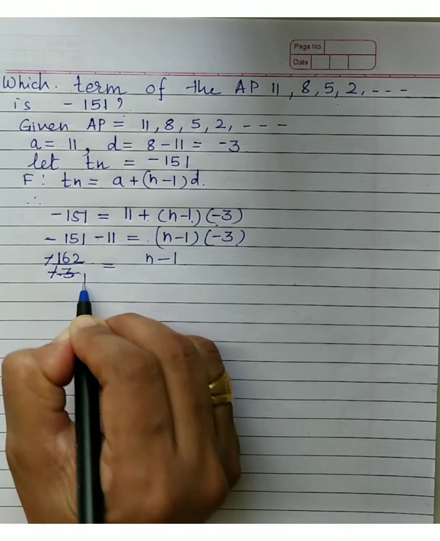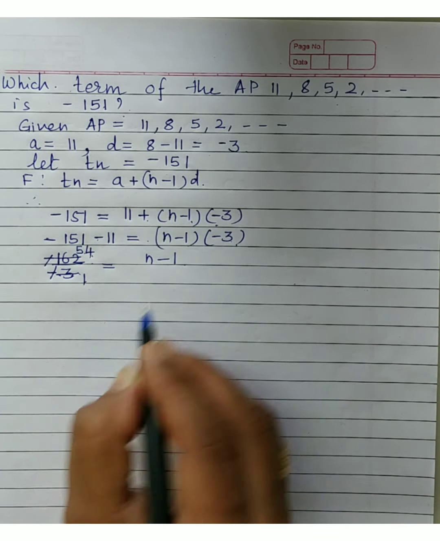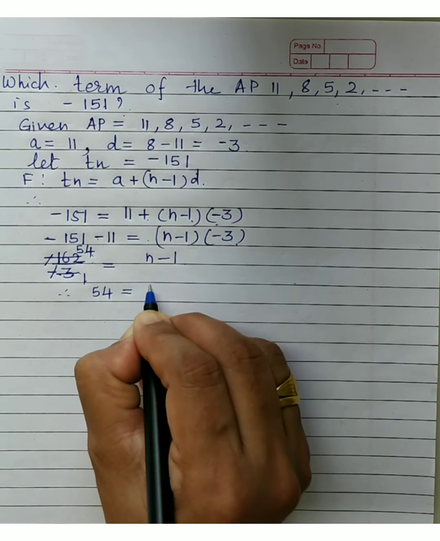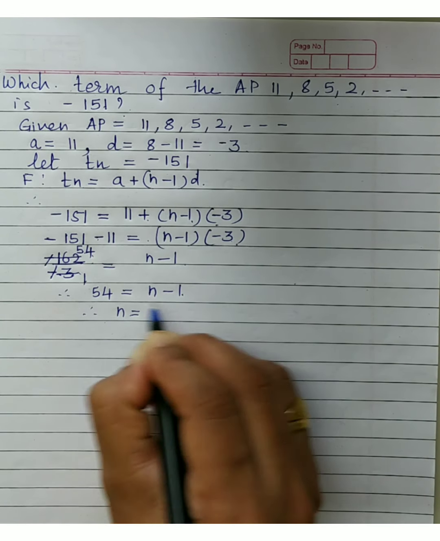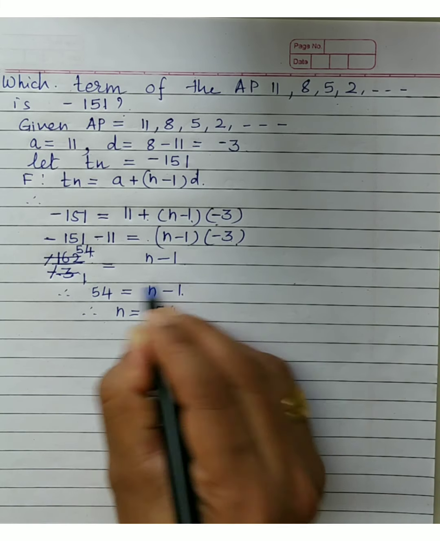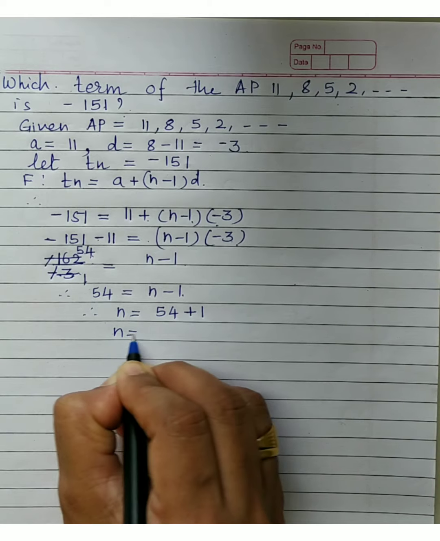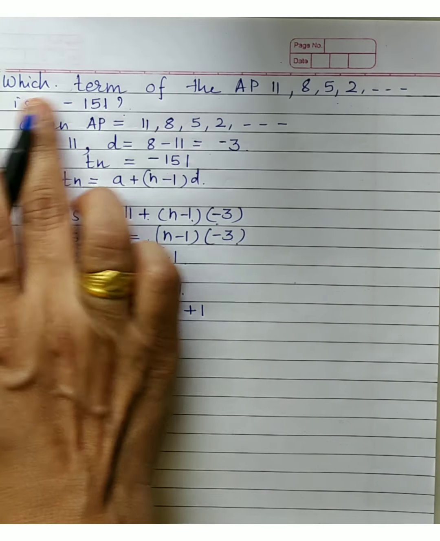Signs are getting cancelled. 3 1s are 3, 5s are 15 and 3 4s are 12. What do we get? 54 is equal to n minus 1. Therefore, n will be equal to what? 54 minus 1 transpose on the other side plus 1. N equals what? 55. So, what is the question? Which term?